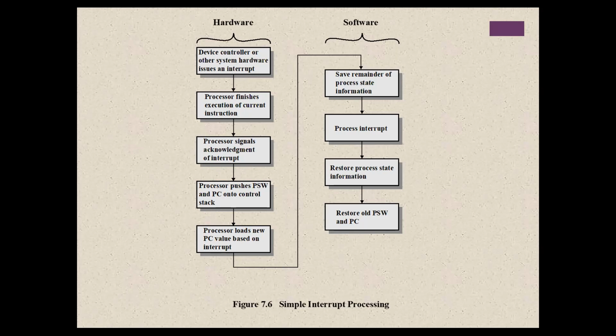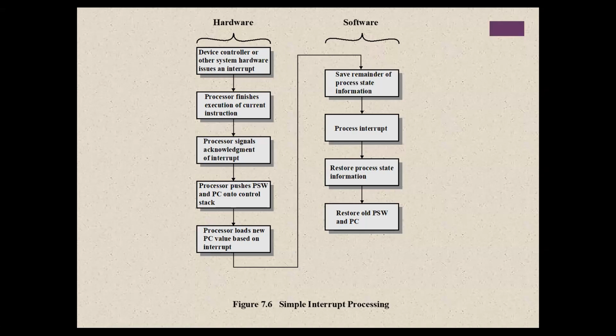Once the program counter has been loaded, the processor proceeds to the next instruction cycle, which begins with an instruction fetch. Because the instruction fetch is determined by the contents of the program counter, the result is that the control is transferred to the interrupt handler program.